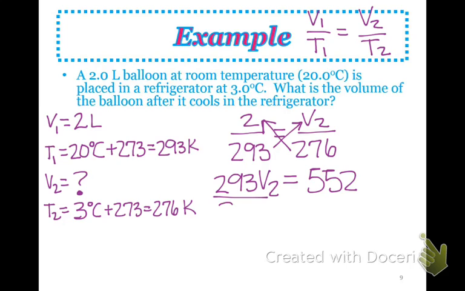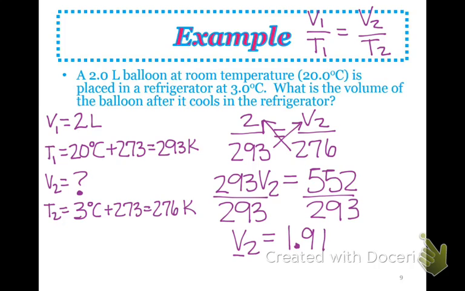And now I just have to divide each side. Treat it just like that was an x. So I want to solve for x. So divide 552 by 293. So V2 is equal to about 1.9. And so it's a volume, so my volume is liters. Okay, and so that's the first example.